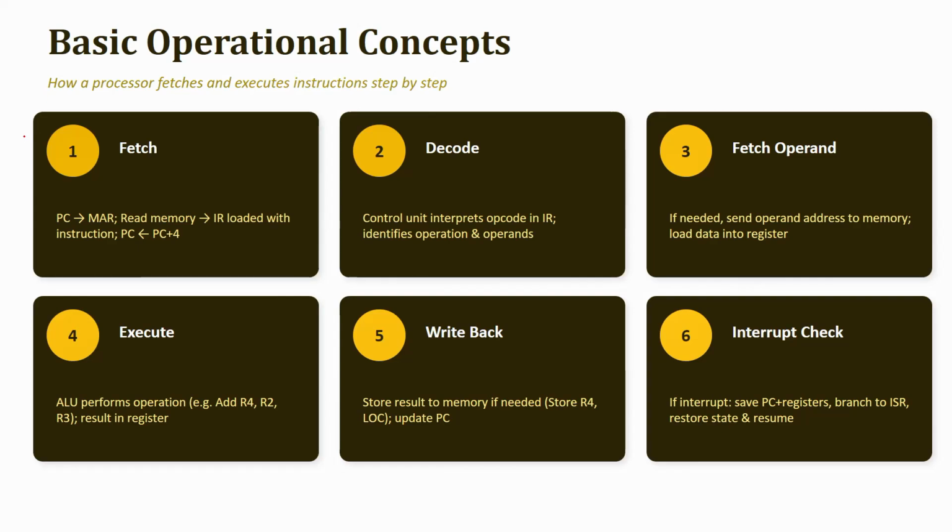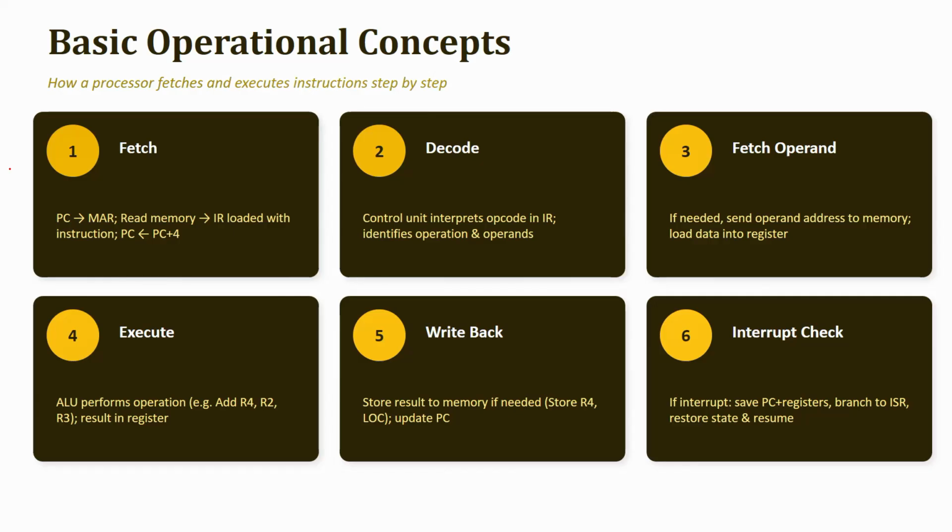In this basic operational concept, six major things are involved. The first thing is the fetch. Before entering into this, we need to think about how the processor executes an instruction.